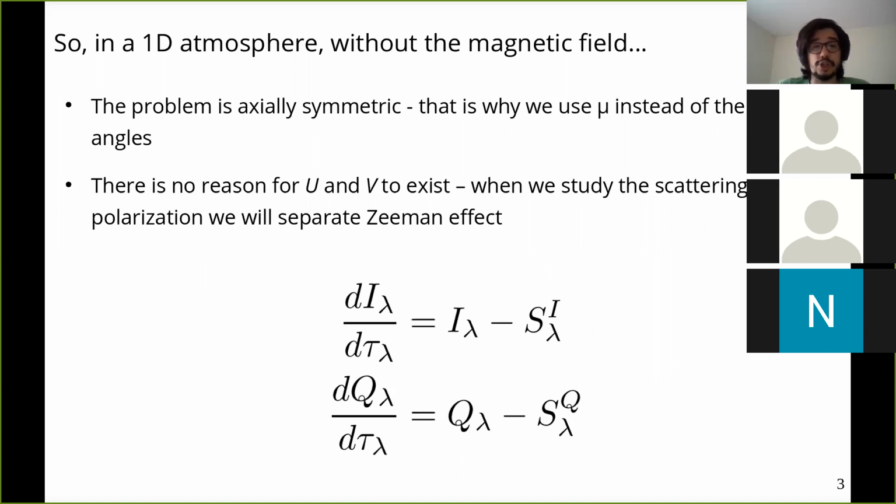However, the source of radiation was purely unpolarized. If you remember, the only Stokes parameter that had the source function was Stokes I. And all the other Stokes parameters were generated from the Stokes I through the absorption matrix or the absorption tensor, right? For the scattering polarization, we have exactly the opposite situation, at least in these simple cases.